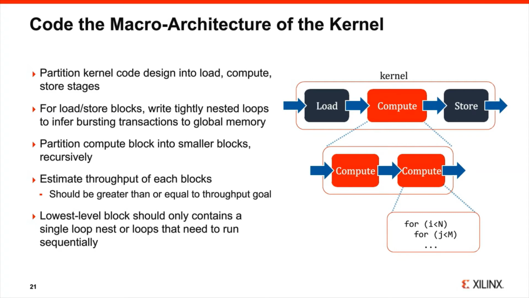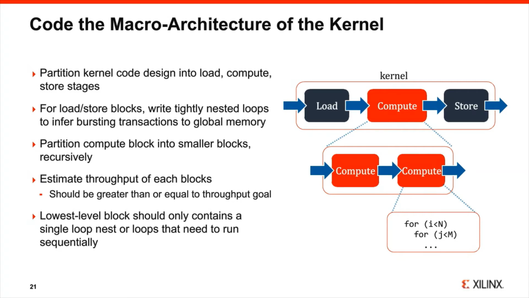Write tightly nested loops to infer bursting transactions to global memory. Bring data into the accelerators either through FIFOs or local cache, which can be BRAM or URAM. But again, think about data movement, how to efficiently move data from outside of the kernel into local data structures.